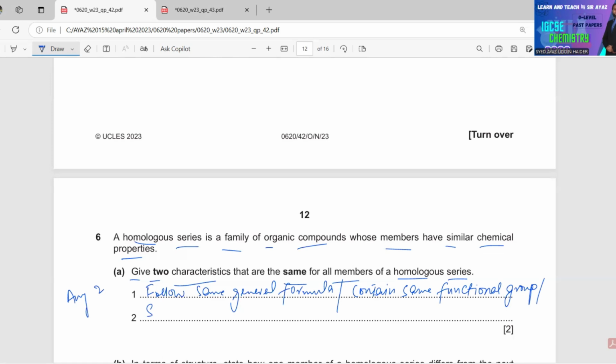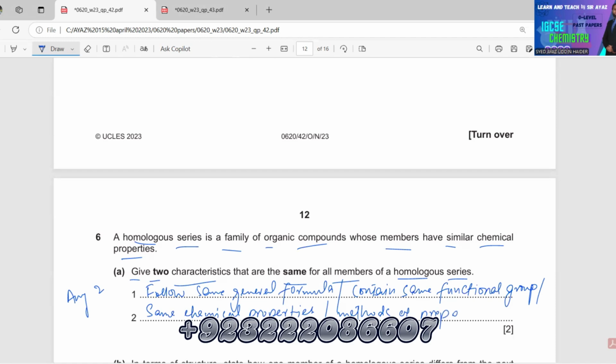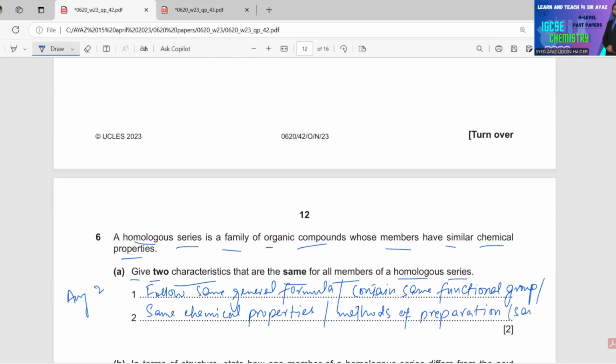They have same chemical properties. Or they have same methods of preparation.